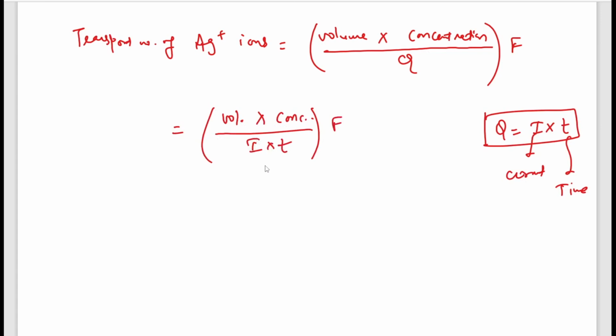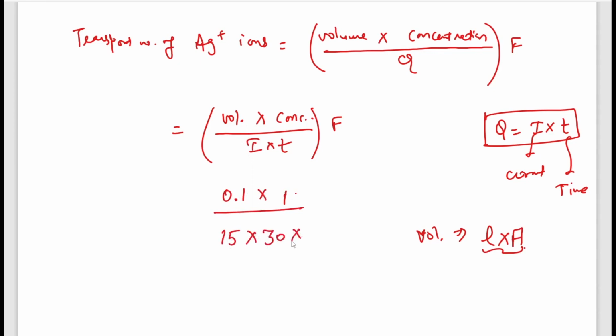Volume is L into A, length into cross-sectional area. We can consider it as the volume, and its value is provided. Volume is 0.1 centimeter cube into concentration is 1 molar, and current is 15 milliampere and time is 30 minutes.